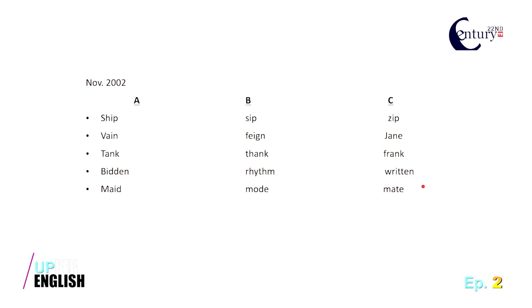Number 17. Feign. Number 18. Frank. Number 19. Written. Number 20. Made. And that's it for test 2.